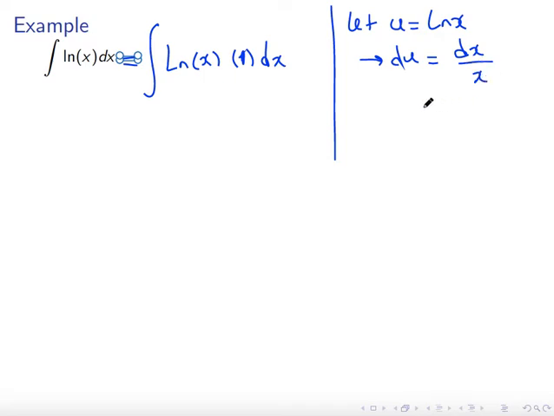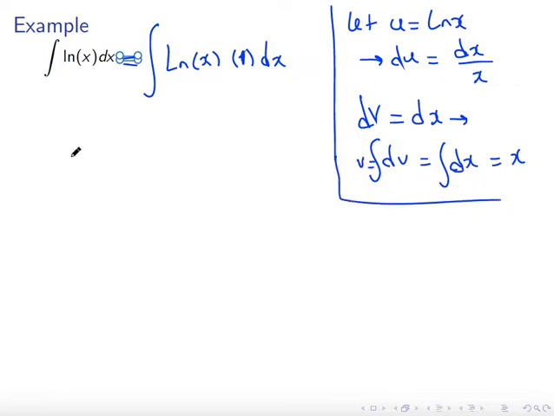Then I let dv be dx, or 1 multiplied by dx. I just don't write 1 because it doesn't affect anything. Then v is the antiderivative of dv, which is the antiderivative of dx, and that's x.